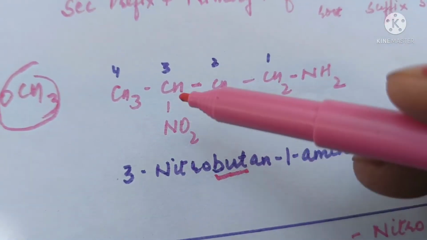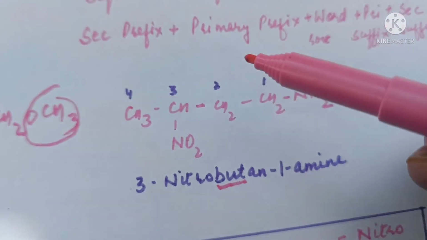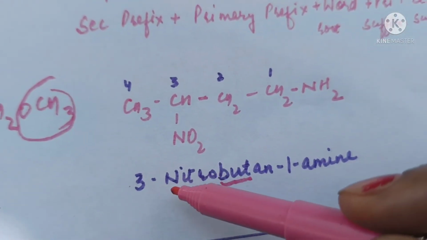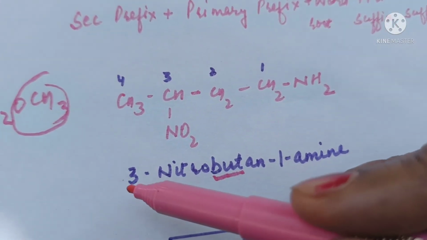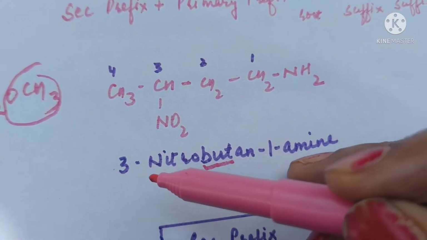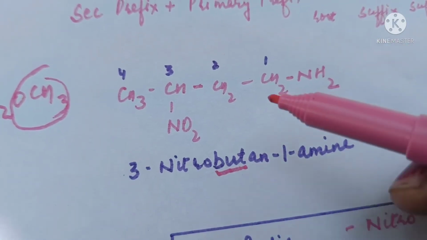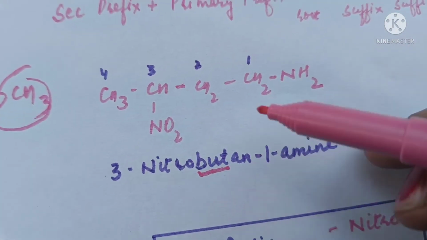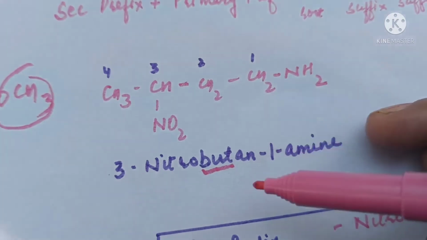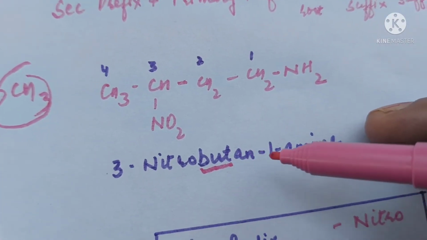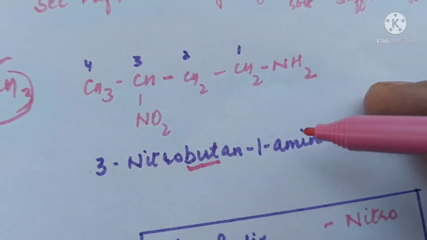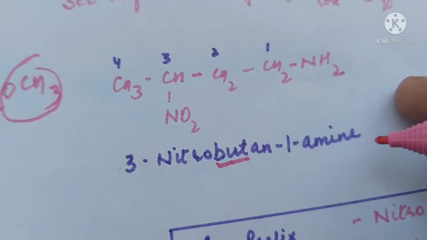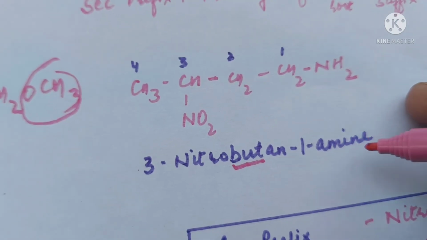As the nitro group is attached to the third carbon, while writing the name, we write the secondary prefix for the substituent, and before that we write its position also. 3-nitro. Then but is for 4 carbon atoms. Then because there are single bonds, we write the primary suffix ane. And as the functional group NH2 is attached to the first carbon atom, we write its position 1, and then we write the secondary suffix amine.